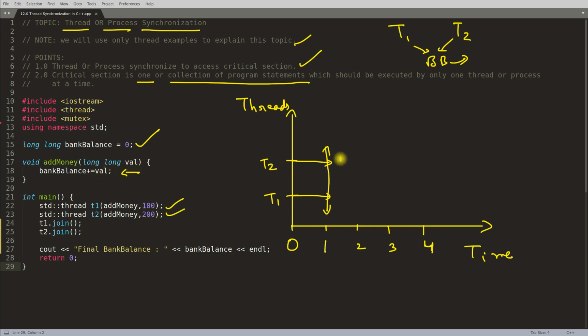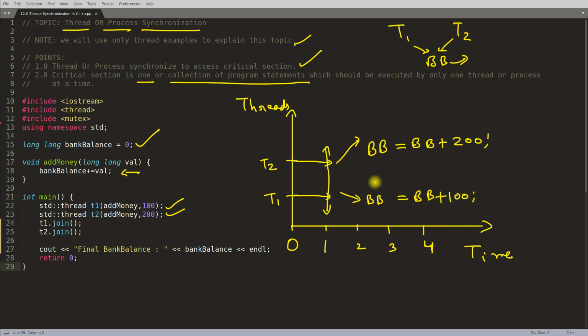For thread T2, bank balance is equal to bank balance plus VAL, which is nothing but 200. For T1, bank balance is equal to bank balance plus 100.